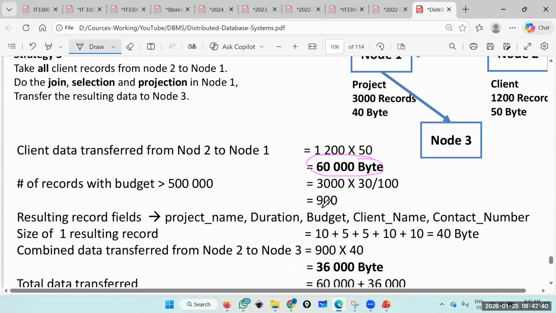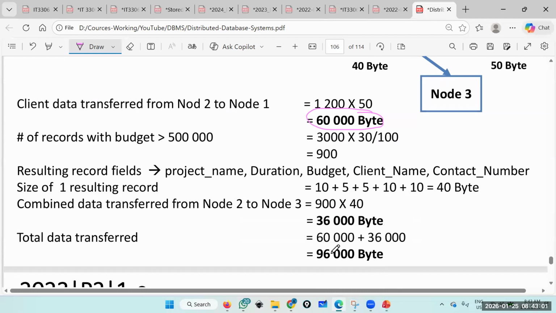So ultimately you are taking only 900 records to node 3. And the total byte is 40 byte because only relevant fields. So therefore, it's 36,000 byte. So therefore, total byte transferred is 60,000 plus 36,000, 96,000.